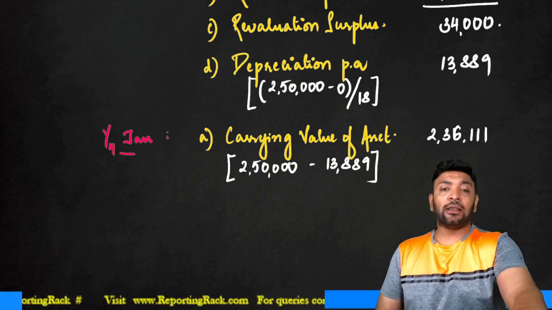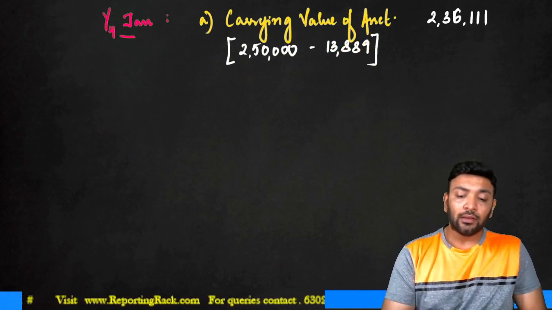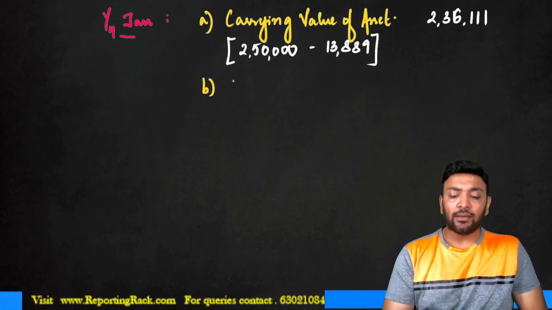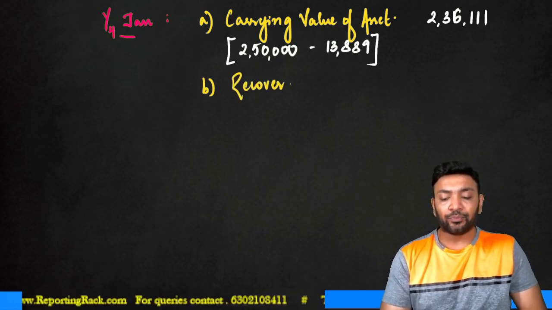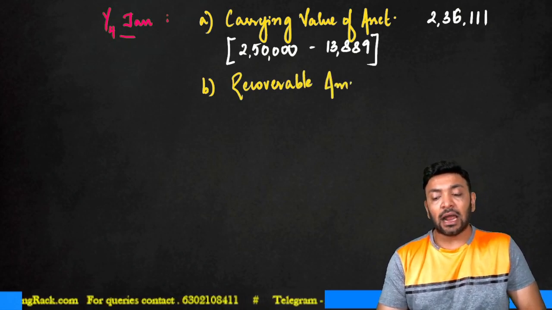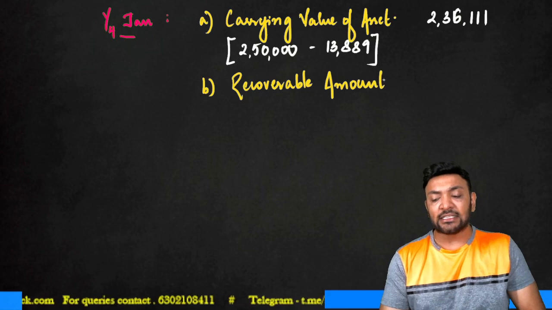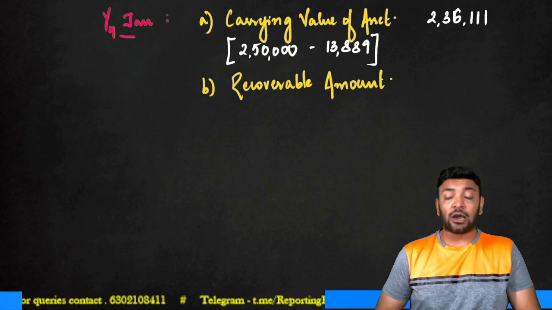At that point of time, when your carrying value was 2,36,111, he is comparing it with the recoverable amount and testing for impairment. This is where we applied Ind AS 36. Until now, we applied Ind AS 16. Now I am applying Ind AS 36 by comparing it with the recoverable amount.